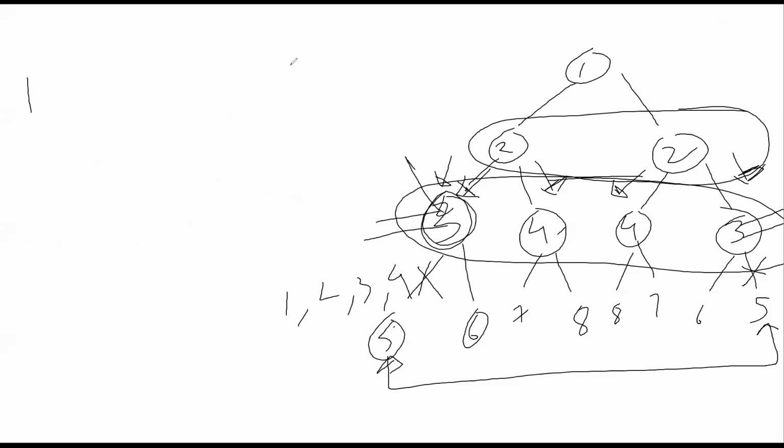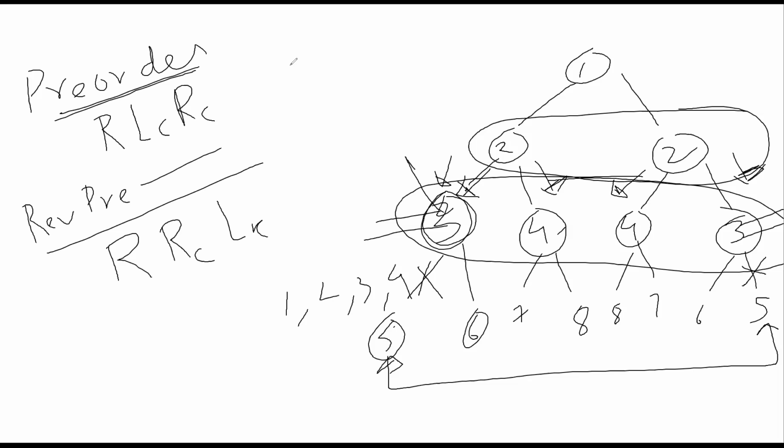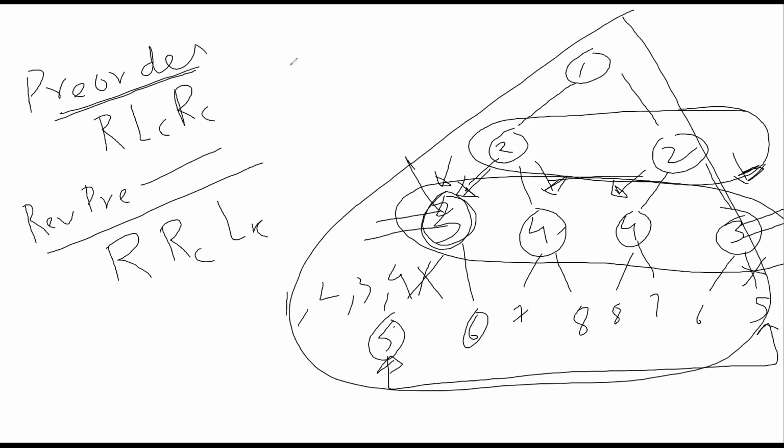Correct. Pre-order follows a pattern: you first visit the root, then the left child, and then the right child. And if we do a reverse pre-order, it'll take the root, then the right child, and then the left child. If you compare it with how you are comparing right now, isn't it similar?